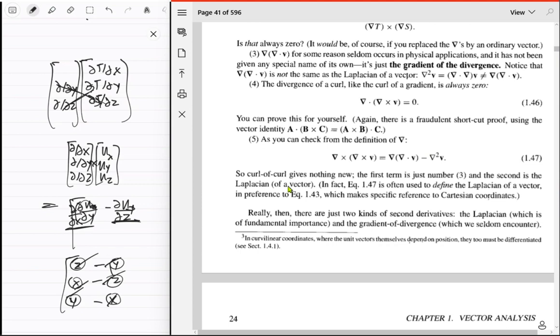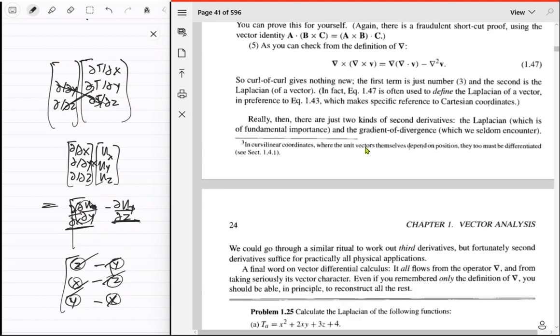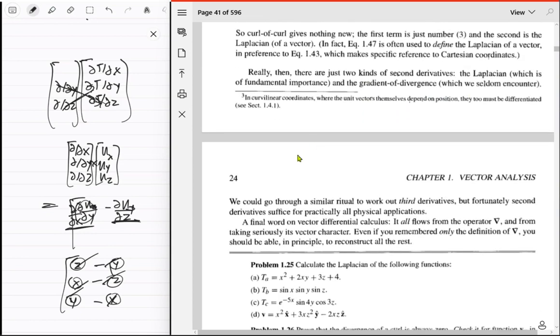The first term is just number 3, and the second is the Laplacian of a vector, which we seldom encounter. Whatever. We'll learn that later, right? I don't even understand what's going on with it.